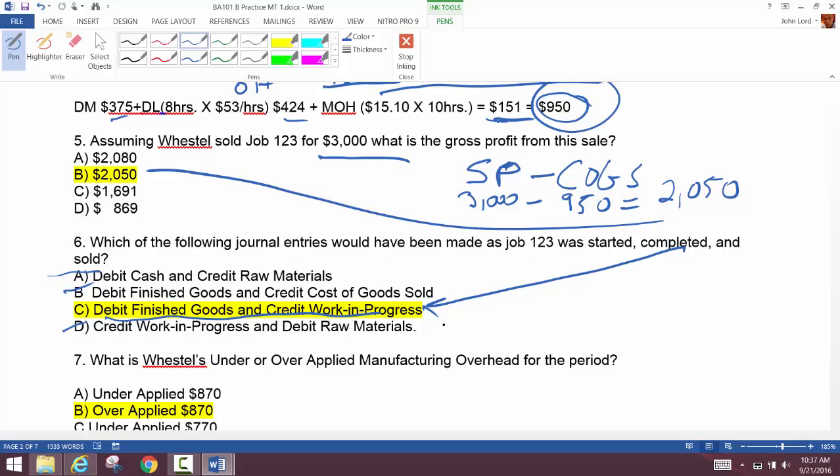What if I gave you a question in which I told you that the beginning balance in work in progress was 0. The beginning balance in work in progress is 0. My manufacturing costs for the period, what were they in this problem? 170,000.